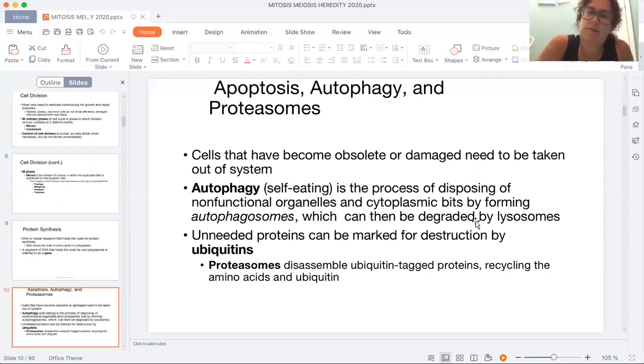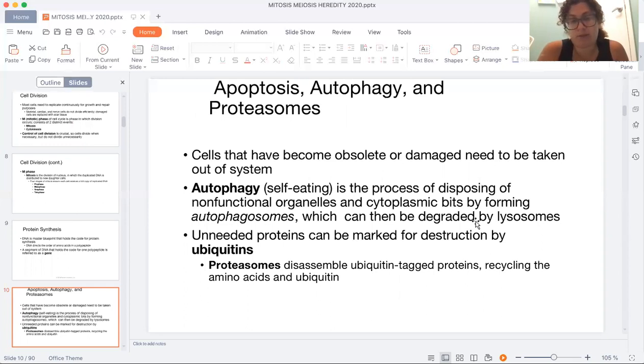And then to make sure that this divide and conquer occurs properly, and that we aren't, for the most part, producing cancer cells, we have different processes that occur in the cells. So if the cells are damaged or they become obsolete or not needed, they either go through autophagy, and autophagy is basically the self-eating process of the non-functional organelles and little bits, and it gets degraded by lysosomes.